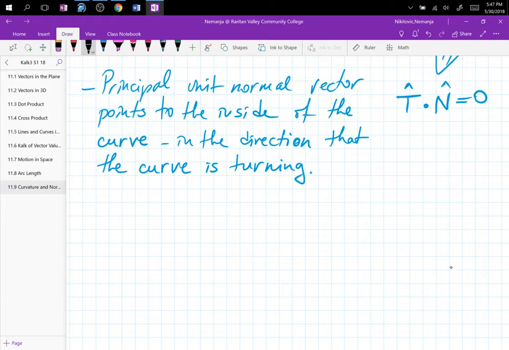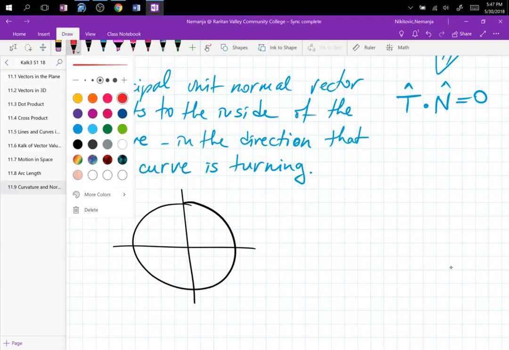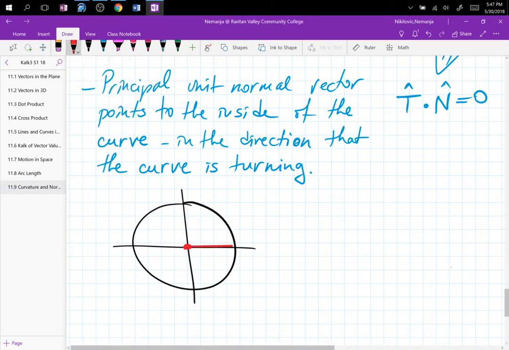Now let's draw the situation from the circle one more time. I will remind you that when you start at the origin, you go out, and this red vector is vector r of t. Then let's go green.